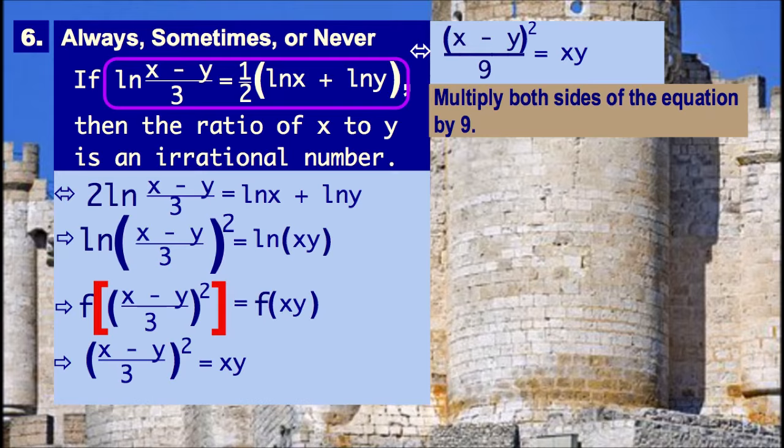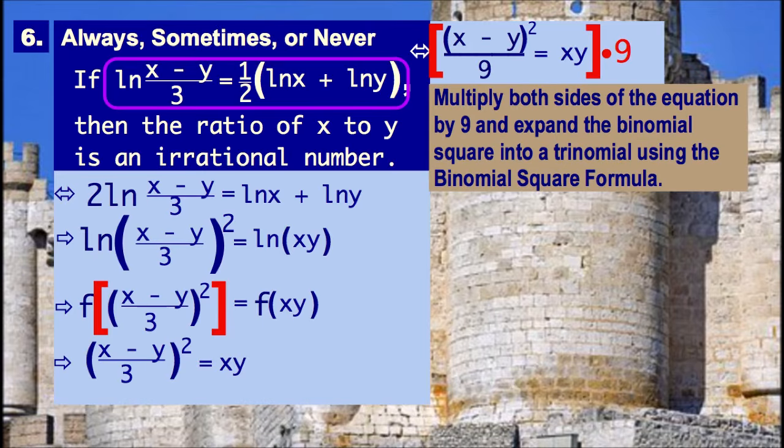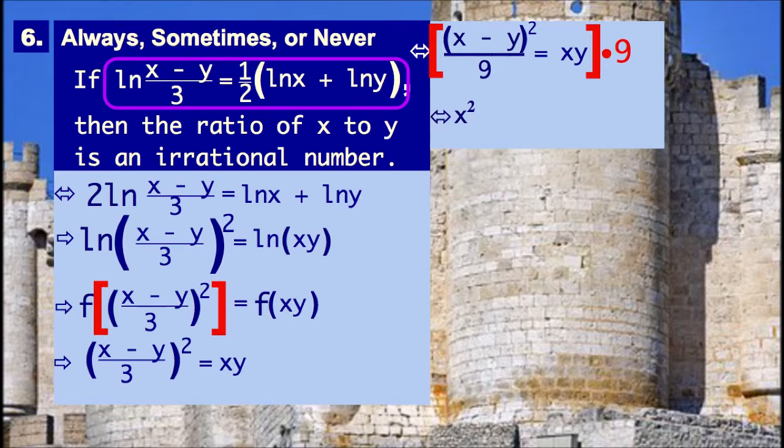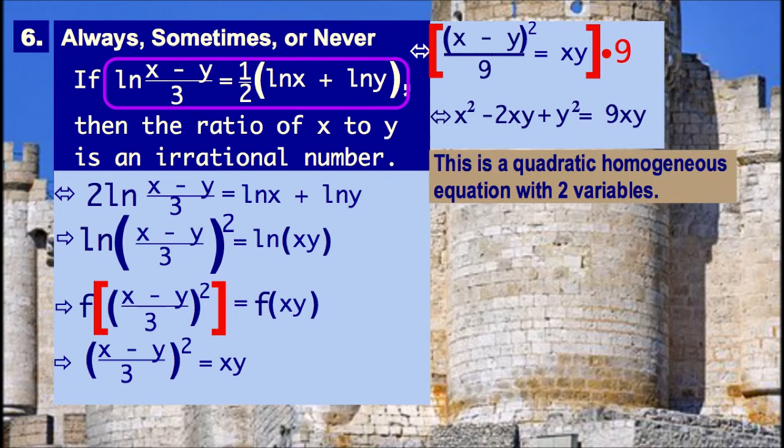Multiply both sides of the equation by 9, and expand the binomial square into a trinomial using the binomial square formula. Equivalent to x squared minus 2xy plus y squared equals 9 times x times y.